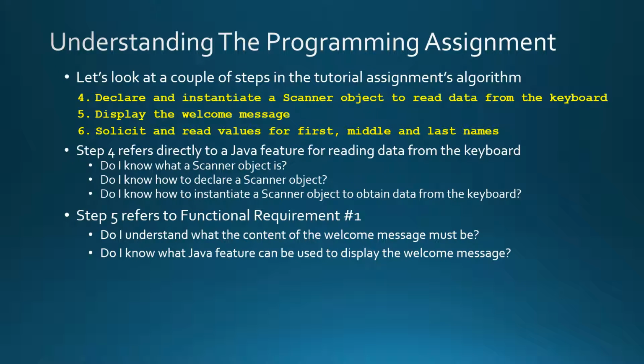Now, step 5 is a different kind of algorithmic step because this step corresponds directly to a functional requirement, functional requirement number 1. And functional requirement number 1 specifies the display of a welcome message. Now, I have to review functional requirement 1 because this algorithmic step is written at a fairly abstract level.